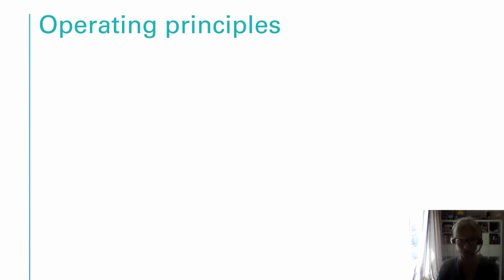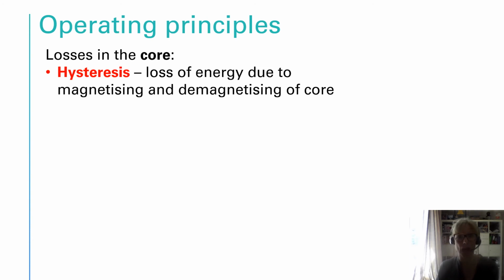Okay, still on transformers. So with that heat that's being generated, that's a type of loss. And these are losses that you find in the core of the transformer. And one is hysteresis, which is a bit of a strange name. This is referring to the loss of energy due to that core being magnetized and demagnetized continuously. Where that magnetism has to change direction, there's obviously a slight loss of energy in the changeover cycle where it's sort of pushing against each other, and that's your hysteresis loss.